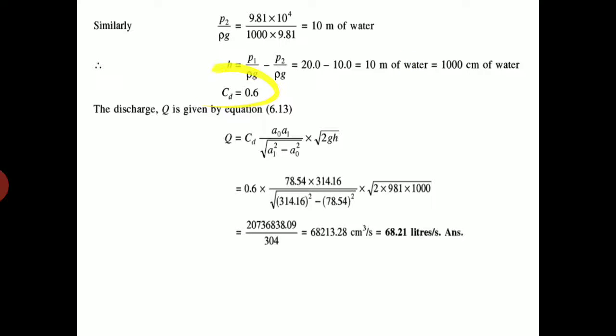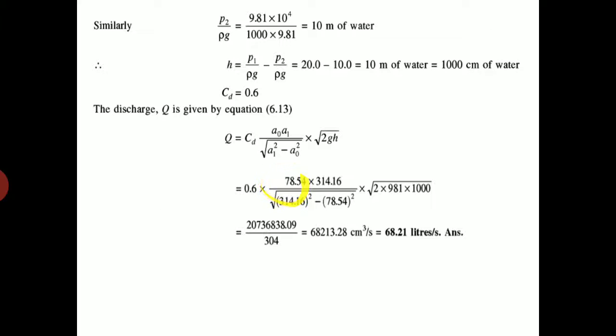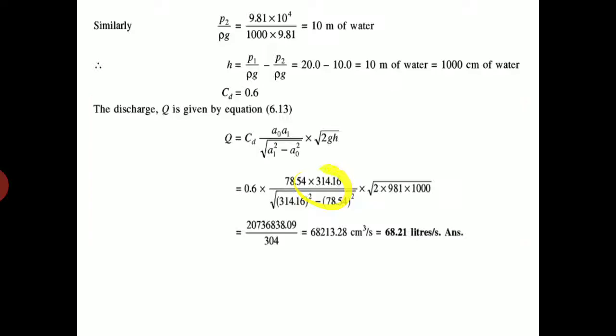The value of Cd is also given to us for the orifice meter. Now substituting all these values in the formula for the discharge through the orifice meter, let us see the various values. Cd is equal to 0.6. A0 is equal to 78.54 and A1 is equal to 314.1416 centimeter square, so we are substituting these over here.